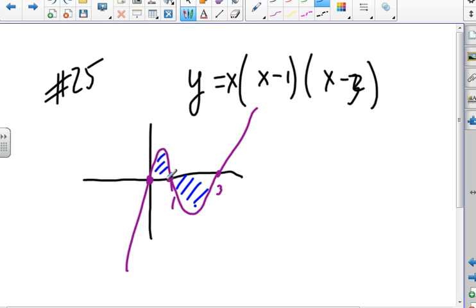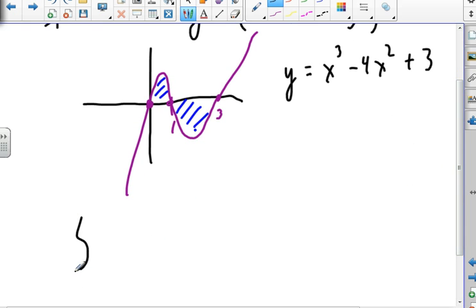Alright, so we're going to multiply this out. So y is equal to x cubed minus 4x squared plus 3.